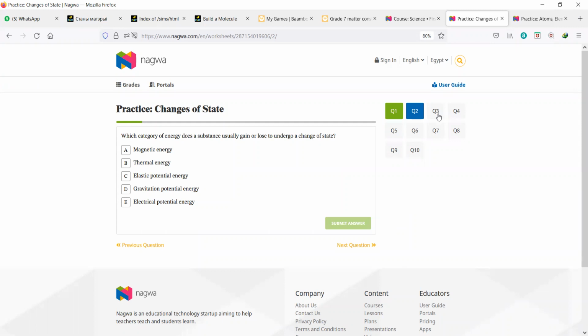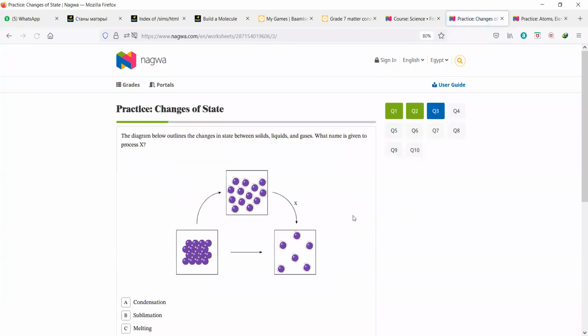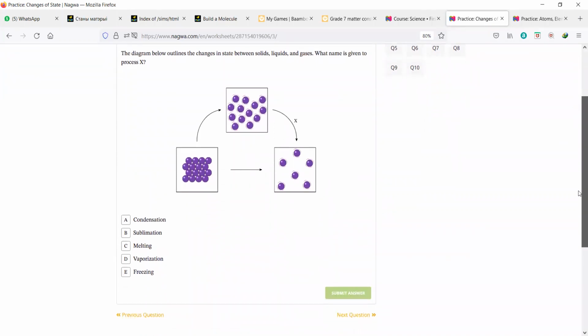Thermal energy. The diagram below outlines the change in state between solid, liquid, and gas. What name is given to X? Vaporization.